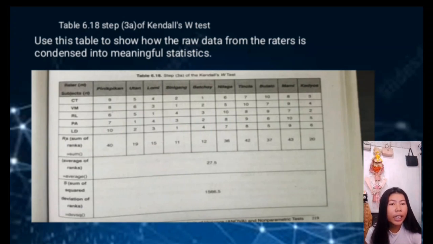So we calculate, and the result is W equals 0.7595, approximately, or we round it up to 0.76. So the value we got is W equals 0.76.